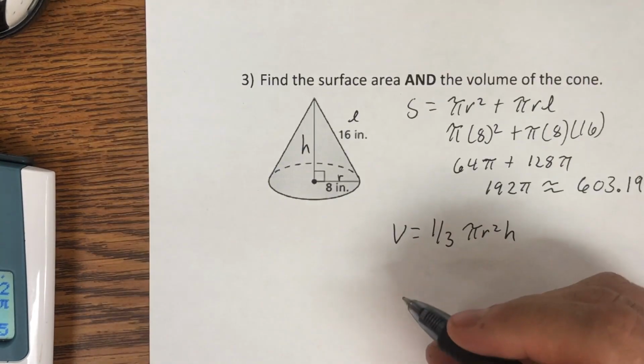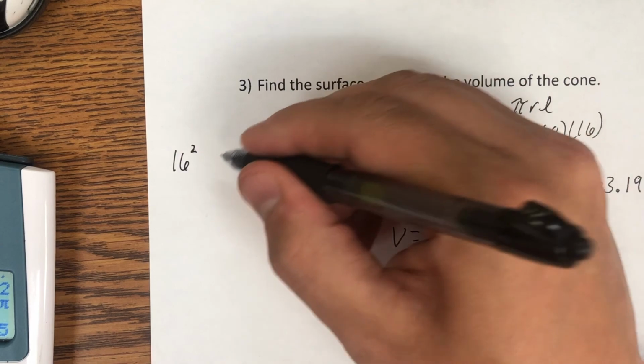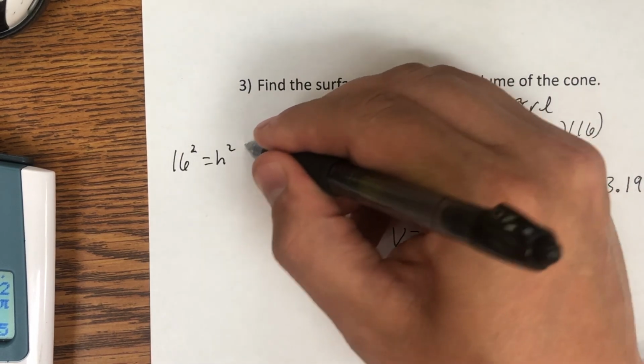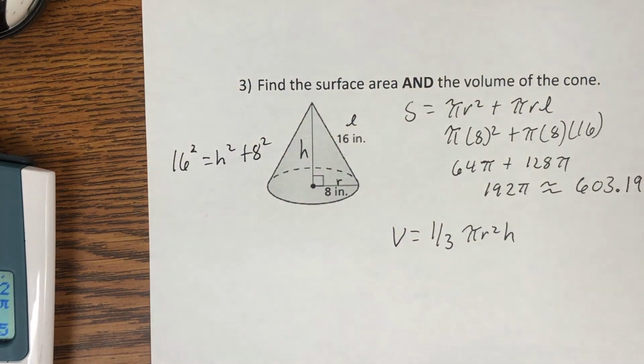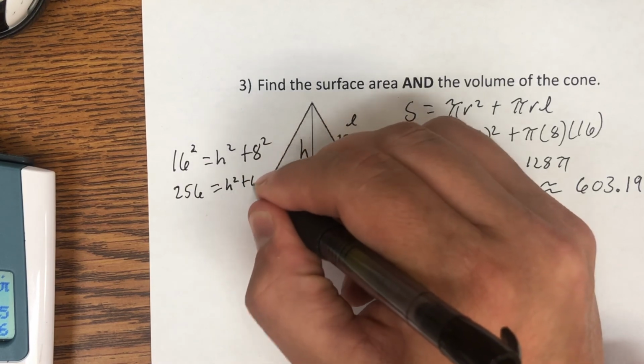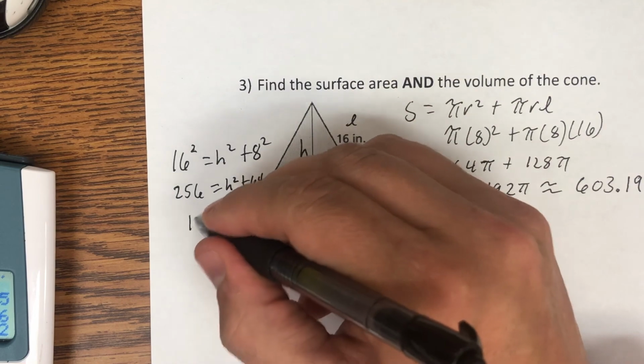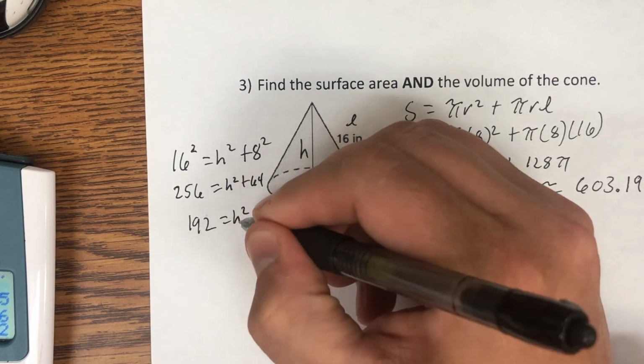The hypotenuse is 16, so we would say 16 squared is equal to h squared plus 8 squared. And 16 squared is 256 equals h squared plus 64. Subtract the 64, and we get 192 is equal to h squared.